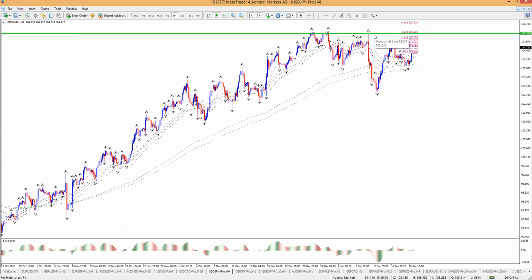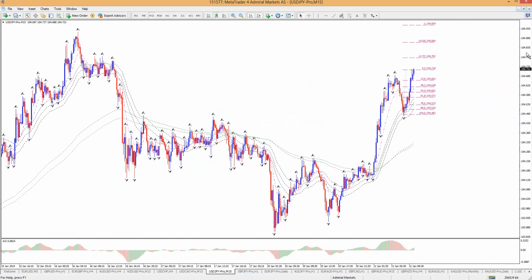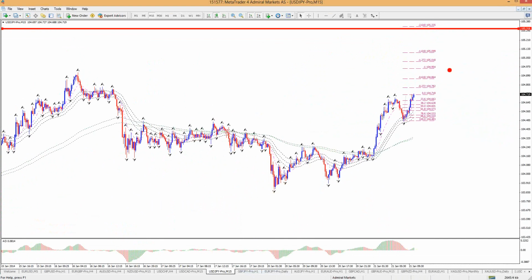Major resistance is at 105.30, which means, let's take a look. It's way higher. So if it does hook back to the 50 fib, stop loss below the bottom here.